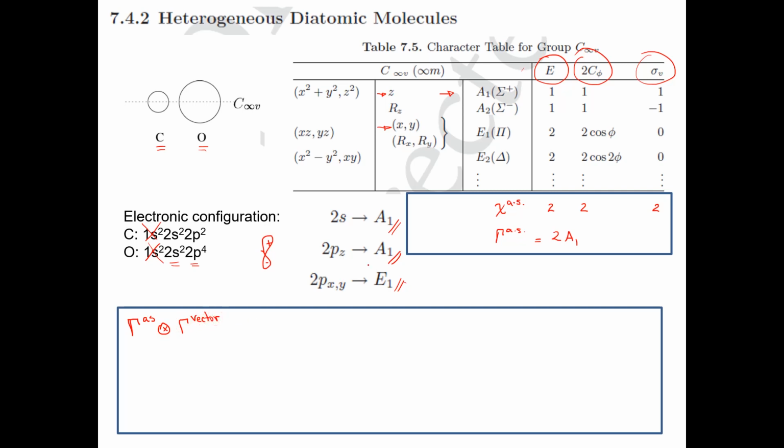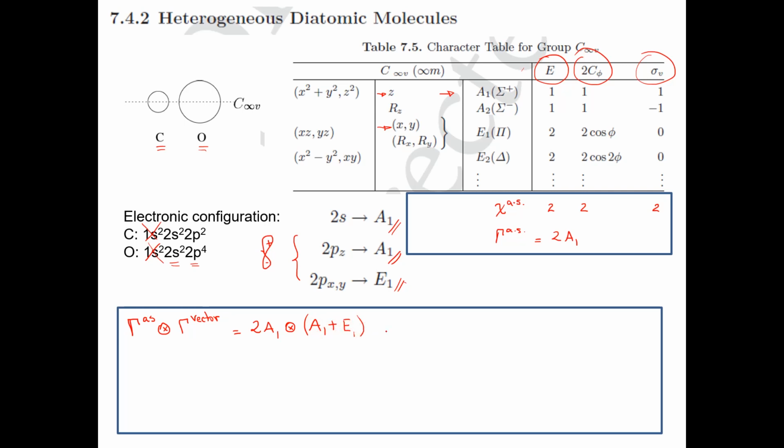The vector representation is, as we've seen here, the sum of A1 and E1. So I have to do this: 2A1 direct product with A1 plus E1.